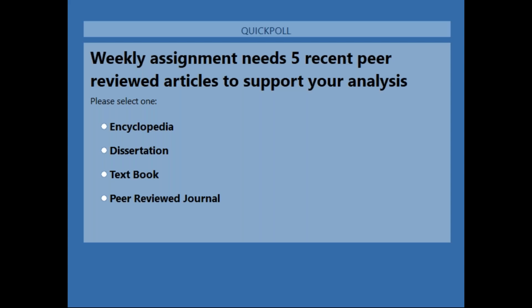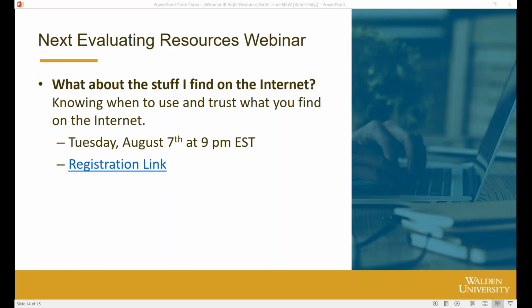Where would you go to find those articles? I'm just going to let this go for a little bit. And you actually want to click right on your answer. Sometimes people haven't gotten to do a poll yet on one of these webinars before, so I always like to let them know to click right on the one that you want to choose.